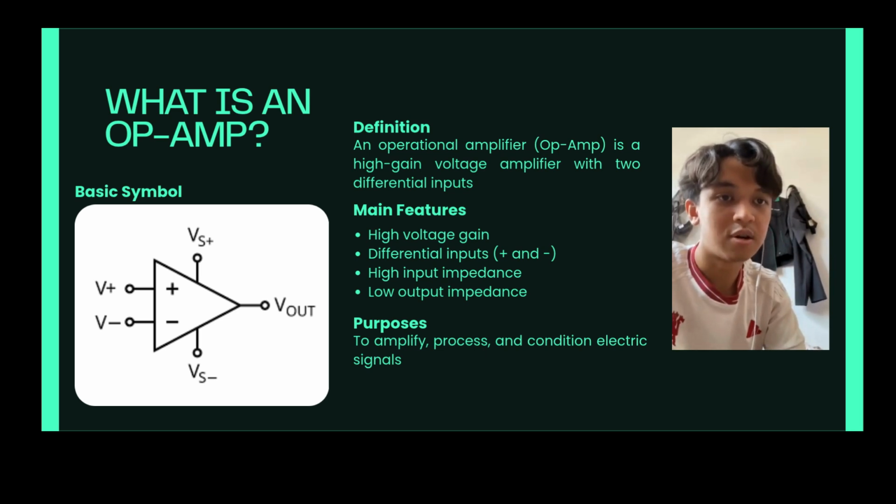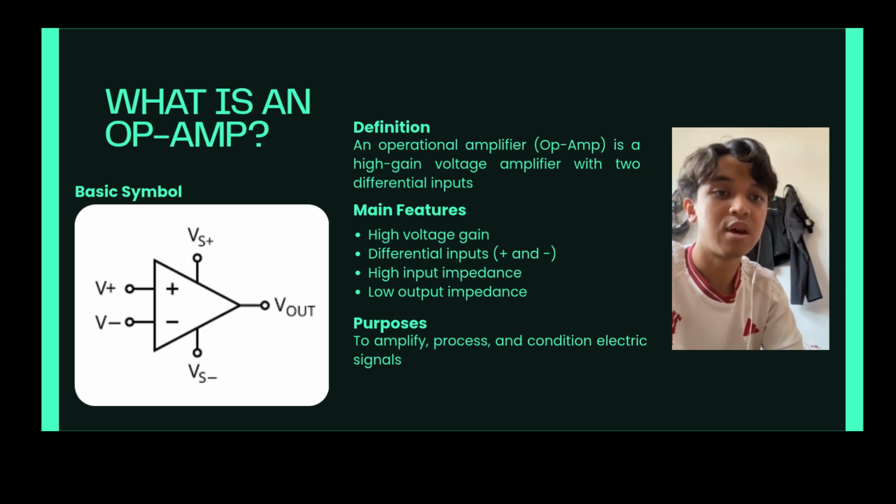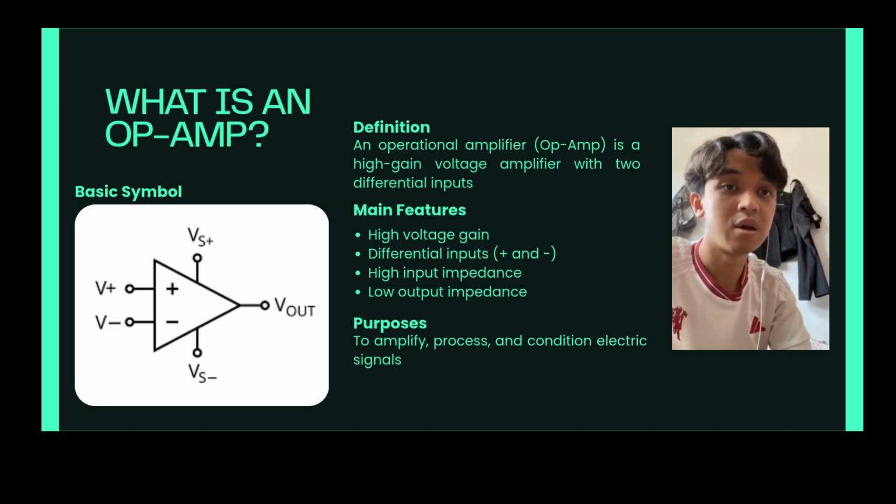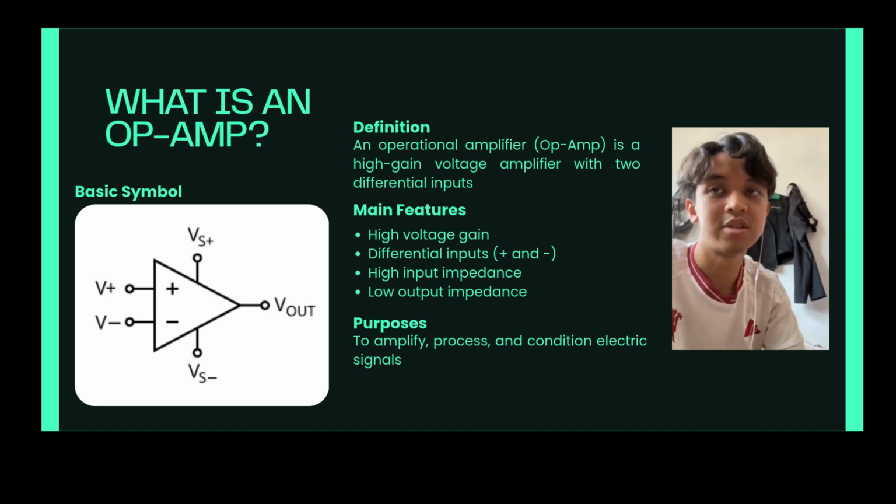This ensures it draws virtually no current from the input source, preventing it from loading down the previous circuit. Fourth, low output impedance. This allows it to efficiently deliver a strong signal to the next stage or load without dropping voltage. Ultimately, its core purpose is to amplify, process, and condition electric signals so they are usable for electronic systems.